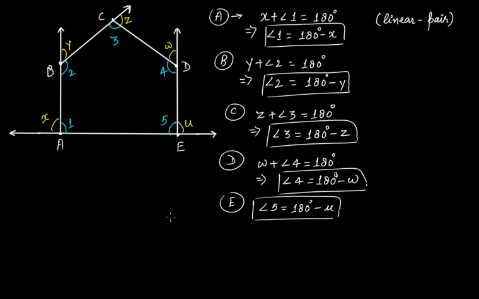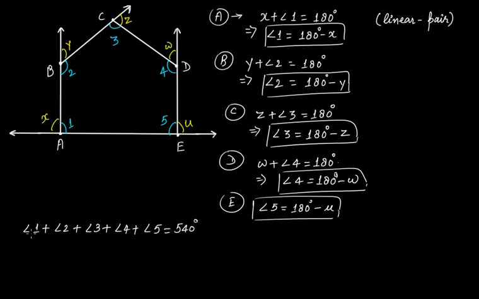Now, the sum of the internal angles of the pentagon is equal to 540 degrees. So angle 1 plus angle 2 plus angle 3 plus angle 4 plus angle 5 is equal to 540 degrees.